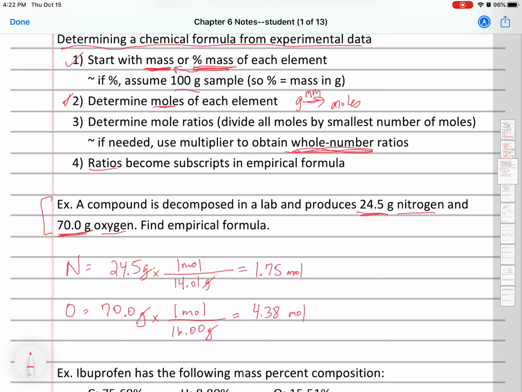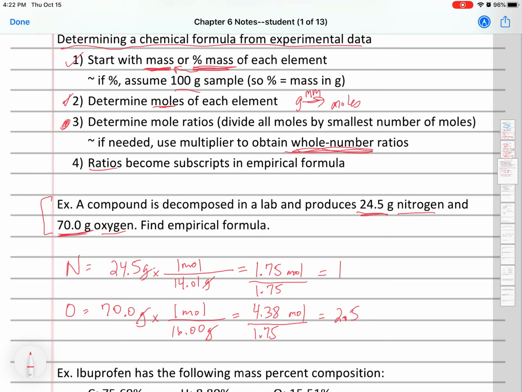Now we want to determine the mole ratios. We're going to do that by dividing both of these numbers by the smaller of the two. So we're going to divide them both by 1.75. That is going to equal 1. And 4.38 divided by 1.75 is 2.5.